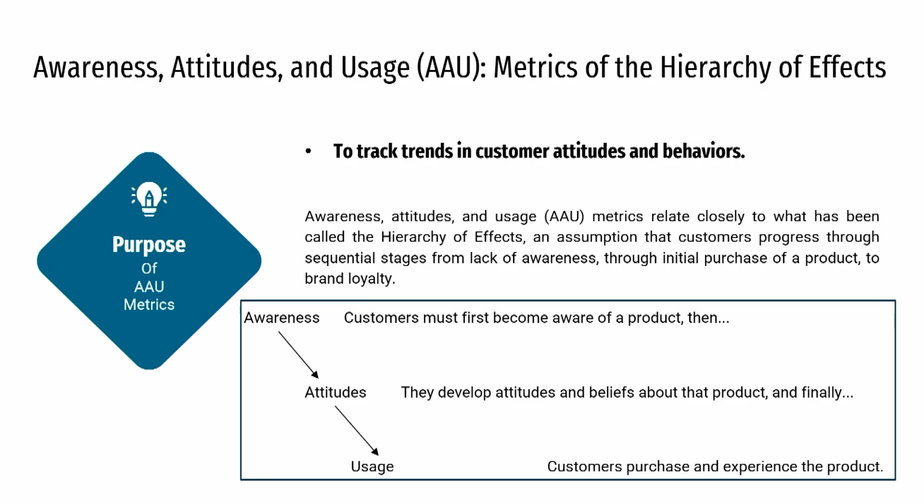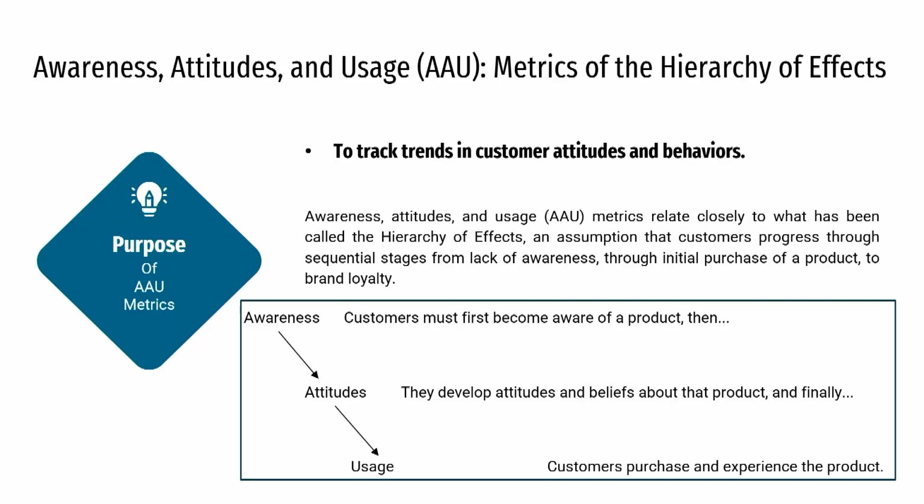So, this is how we form awareness, attitude and usage. We must remember that though in traditional cases the sequence goes awareness, attitude and usage, in some cases the last two components can be reversed, where we first use the product and then form an attitude about it.